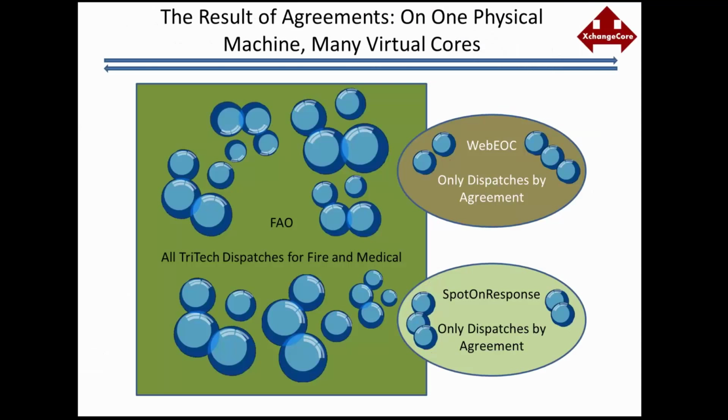The end result is we have one physical machine with many virtual cores, and again, that ability to segregate that data that we're interested in. So we're pulling over all the fire alarm office records, but we're only culling those records that are of interest to the emergency management mission. And through that process, we're able to share out via WebEOC or SpotOnResponse or ArcGIS Online those incidents with our emergency management partners. Okay, Jim, I think that's it.